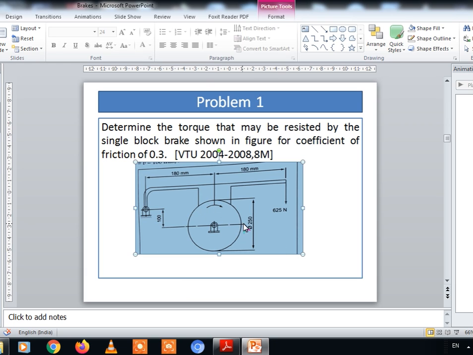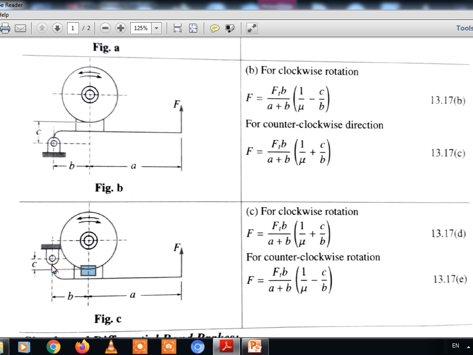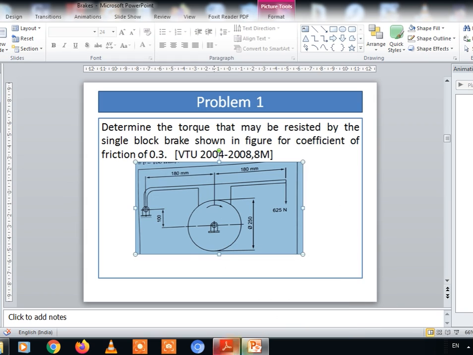It is half of 250, which is 125, the radius, minus 100. So 125 minus 100, you will get the value of C. C is the distance between the fulcrum point and the tangential force point.